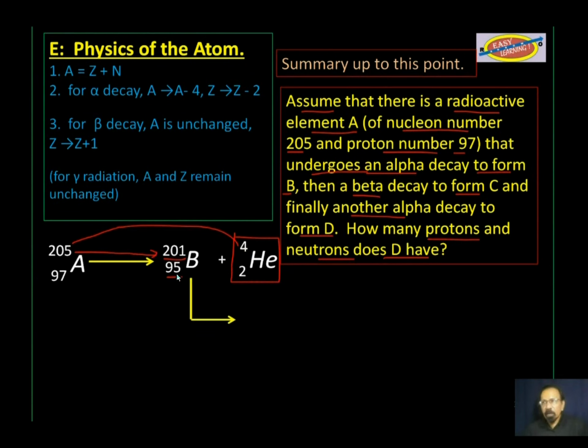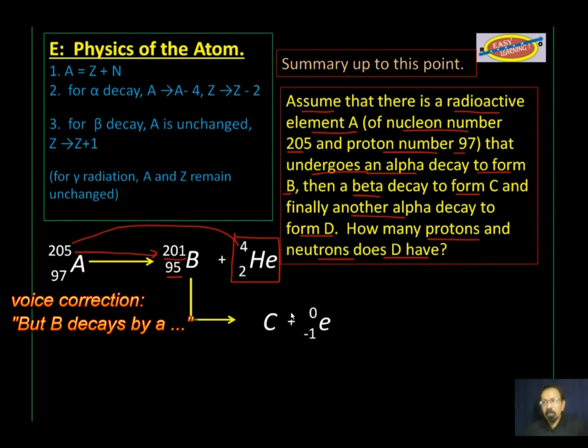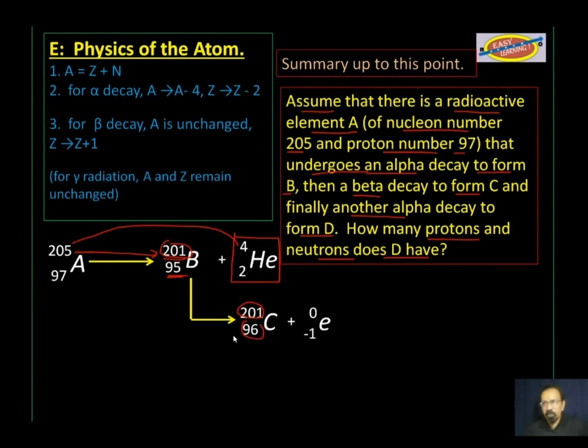Now B becomes C, but C decays by a beta decay. So we get an electron plus C. In this case, this 201 remains unchanged, so we have 201. This 95 would be increased by 1, so we get 96.